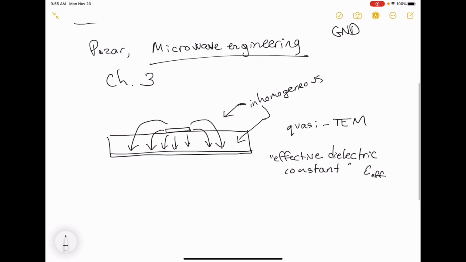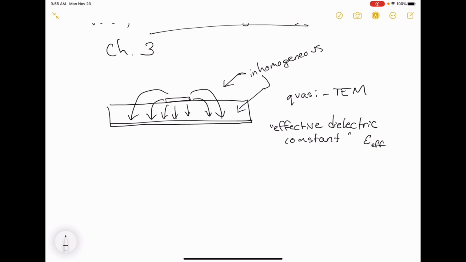In general, you can control the parameters of microstrip line by changing the width of the upper strip or the height of the substrate. If you decrease the height, then the characteristic impedance also goes down.